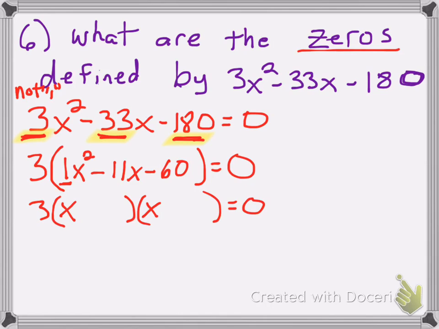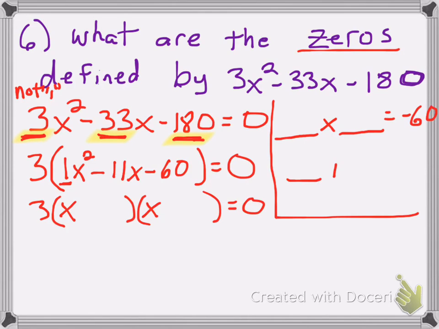Now, I'm going to go over to the side here and do that thing. I need 2 numbers that multiply to give me -60. And I need those same 2 numbers, I don't have to worry about outside plus inside, to add up to -11.